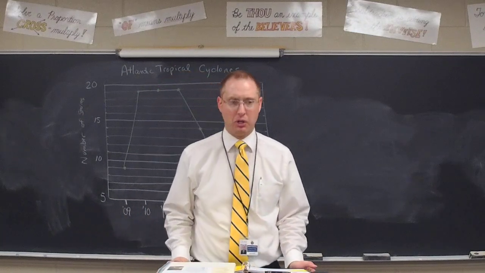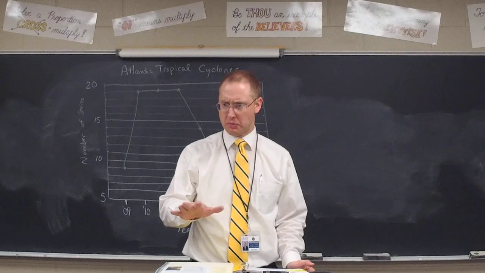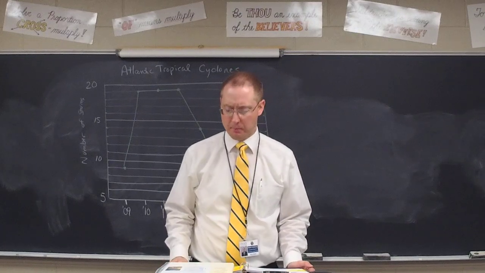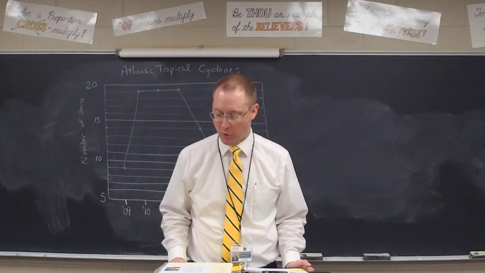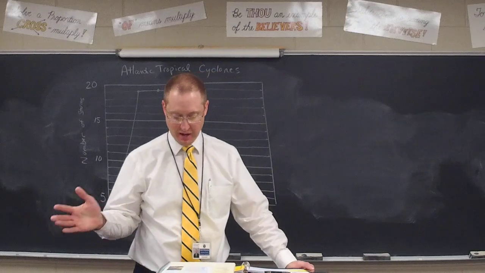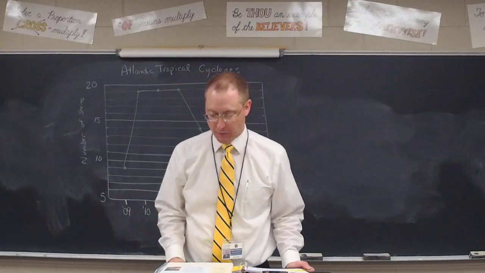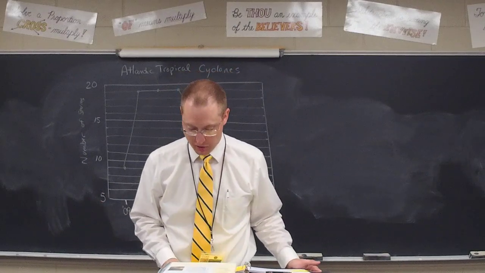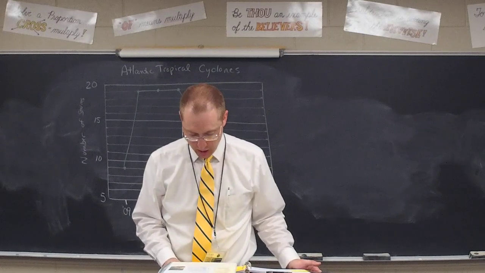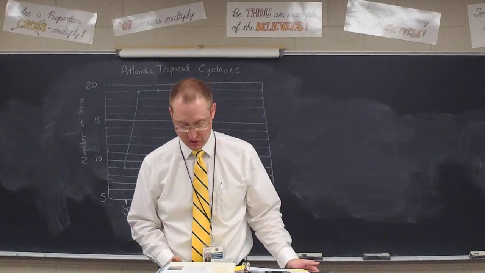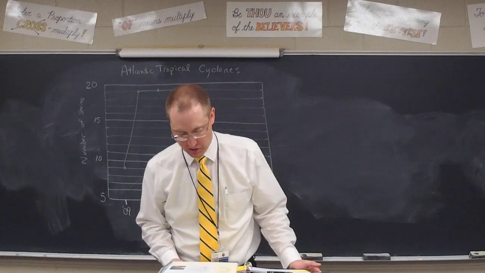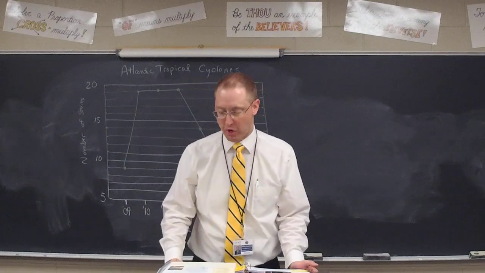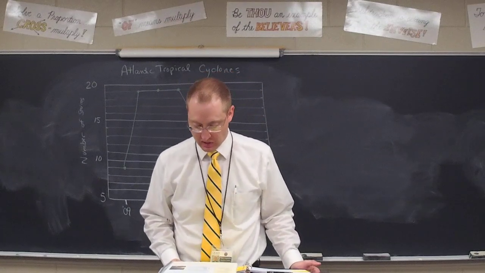An EF0 tornado has winds between 65 and 86 miles an hour. Between 86 and 111 is EF1. Between 111 and 136 is EF2. 136 to 166, EF3. You've got your EF4s up to 200. Anything over 200 miles an hour is EF5.